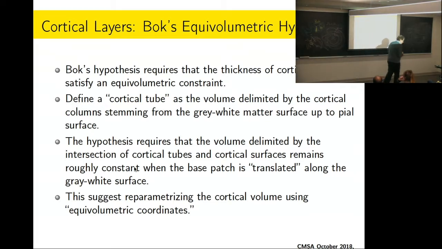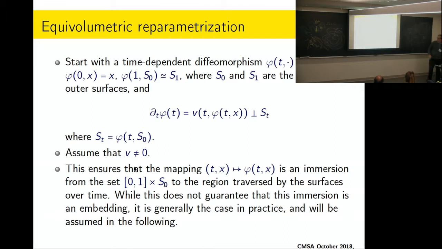There's some variation of thickness, for example, but it's very slow and it's almost constant. So this is what we will try to compute, and we are going to start from the output of the previous method, which was this coordinate system.